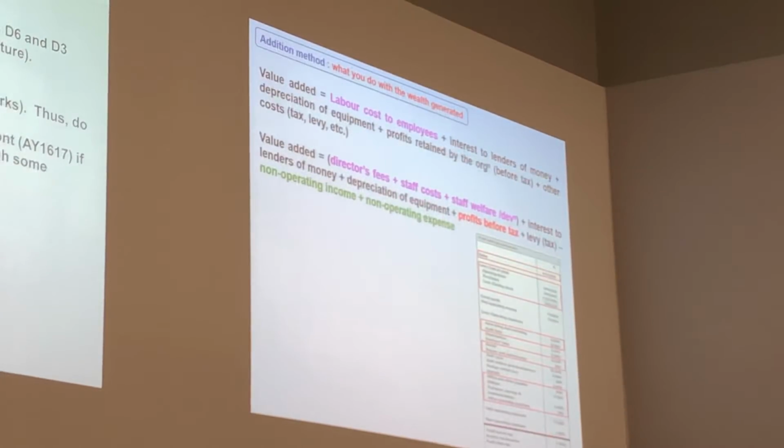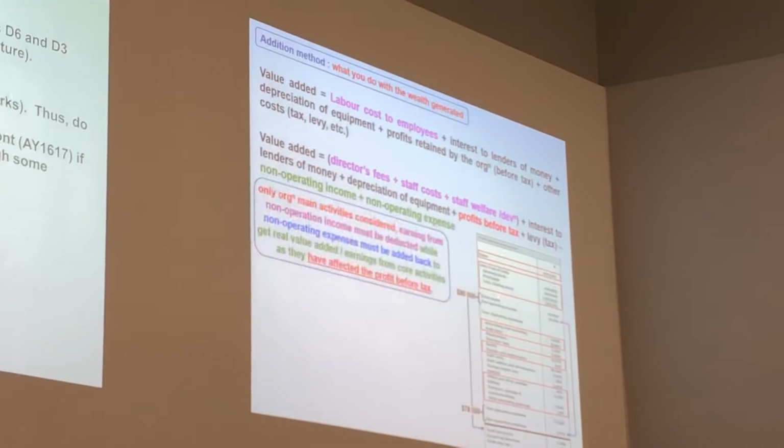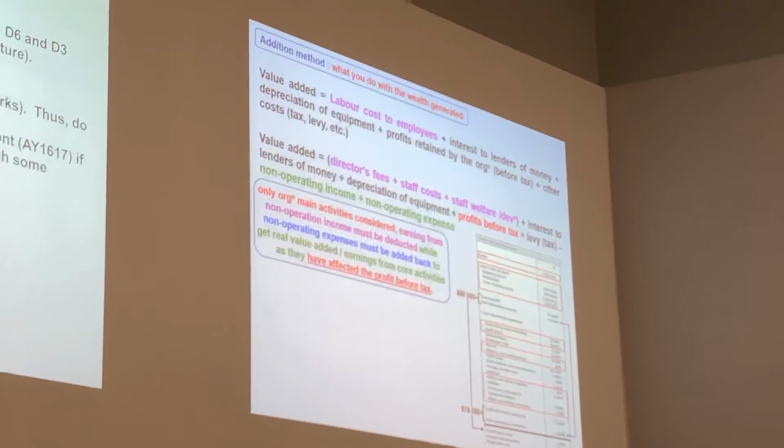But my profit before tax here is affected by some irrelevant things. Remember, we only want to focus on the organization's main activities here. It's being affected by some irrelevant things, such as what? Non-operating income, non-operating expenses. The name already tells you, non-operating.